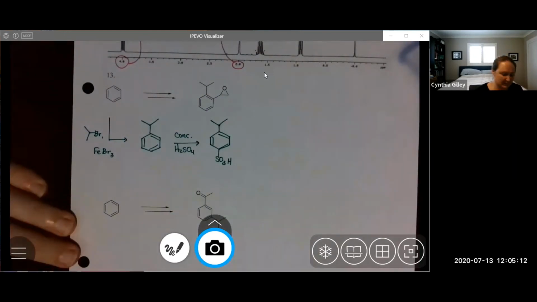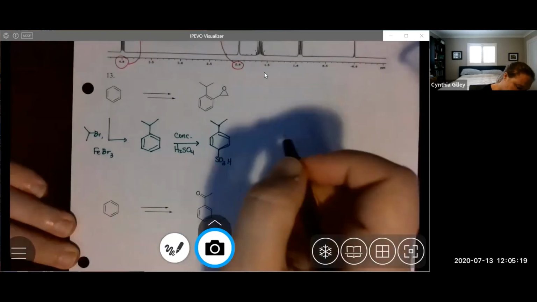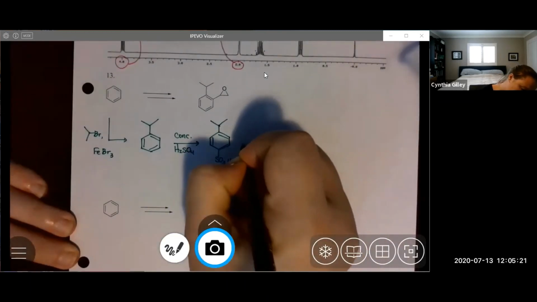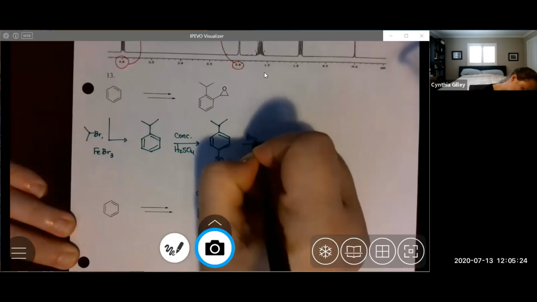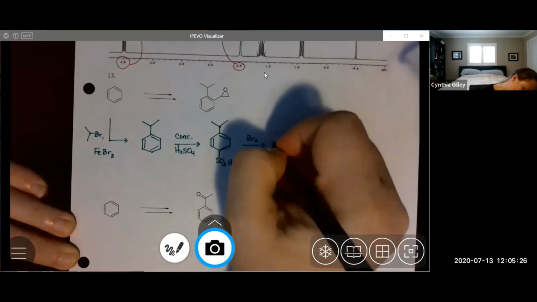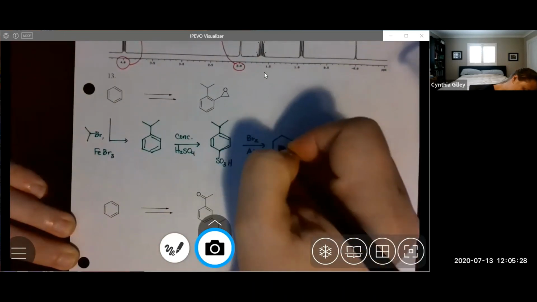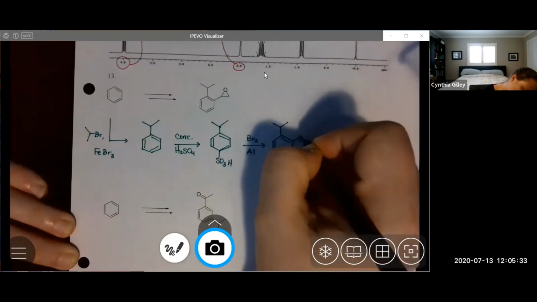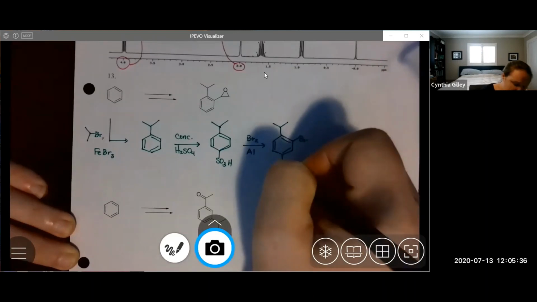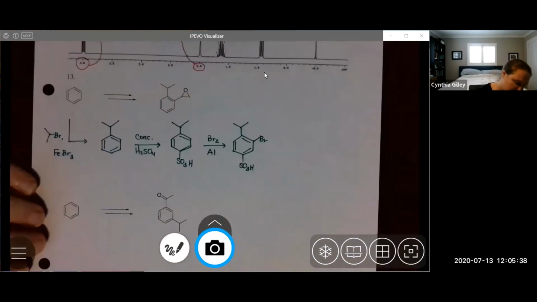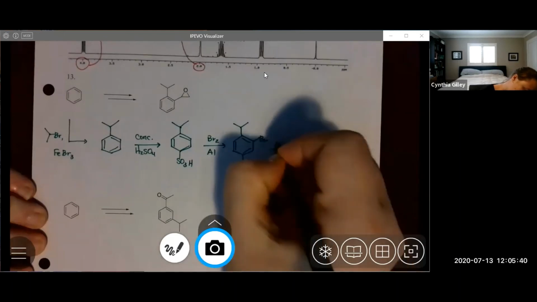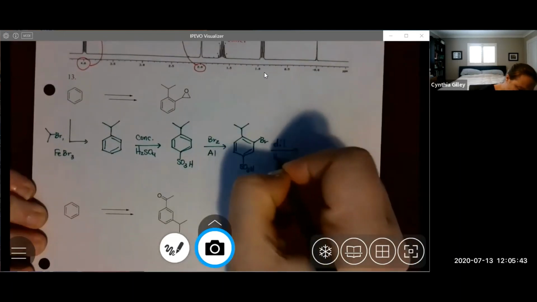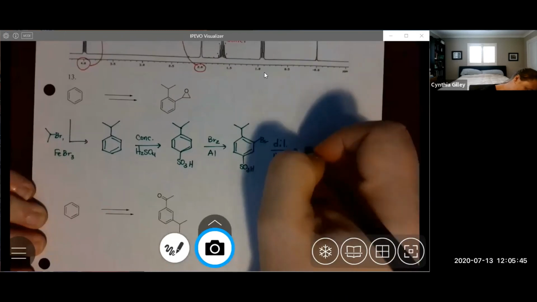Introduce that sulfonyl group in the para position. The isopropyl group is directing it para. And then now we can introduce the bromine, and it will go ortho to the isopropyl group. Some dilute acid will remove the protecting group, the sulfonyl group.